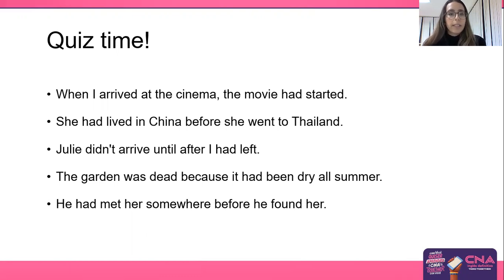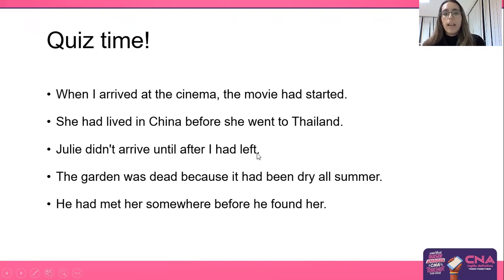Let's check. When I arrived at the cinema, the movie had already started. So the movie had started is the first thing that happened. She had lived in China before she went to Thailand. So she had lived in China, first event. Julie didn't arrive until after I had left.